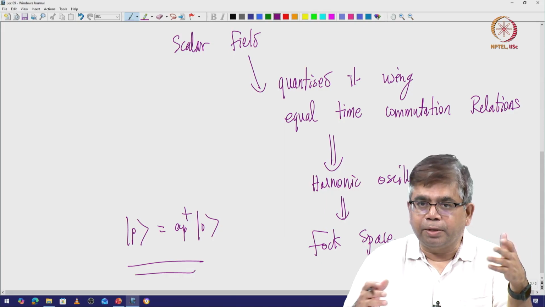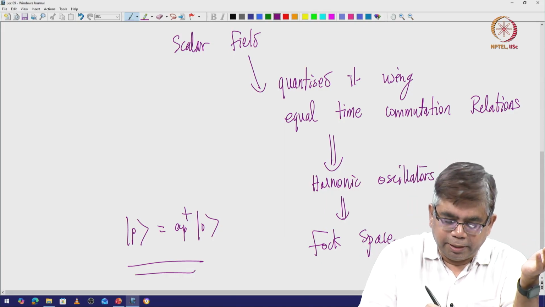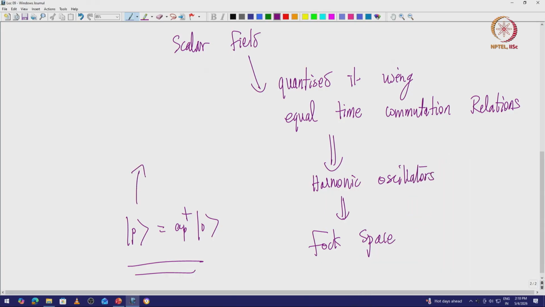The reason is because these states or plane waves are not normalized. Very good.